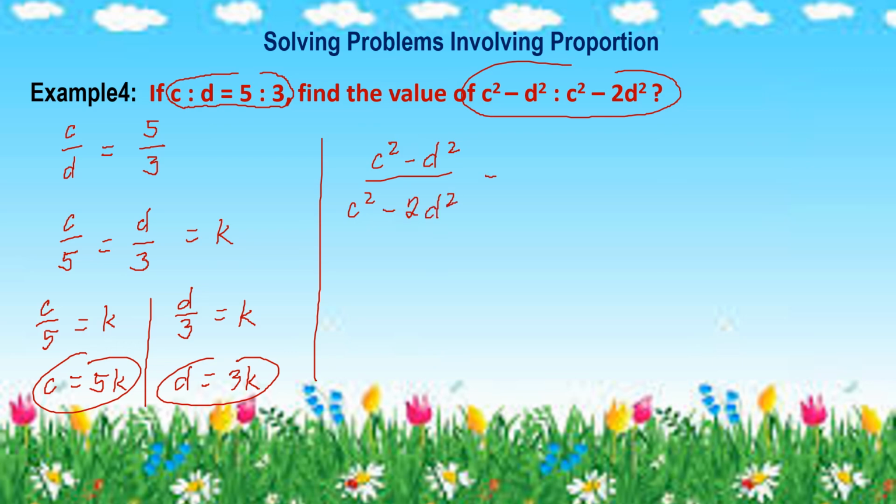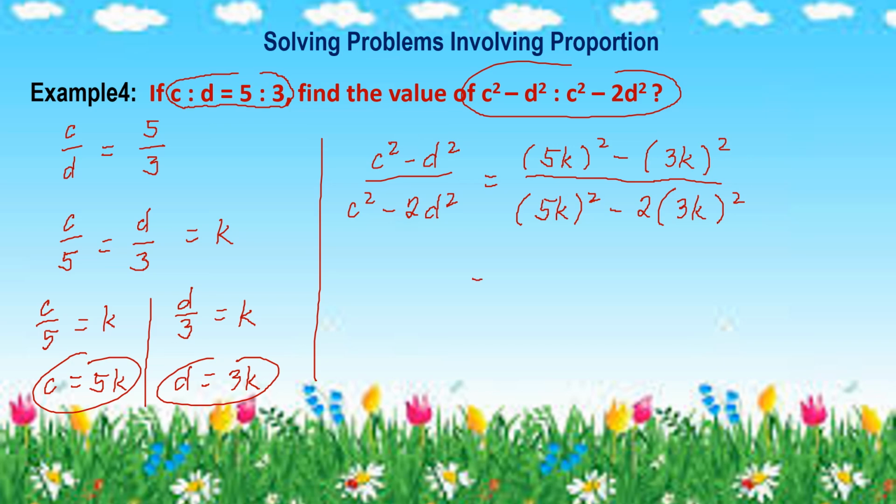Now, in the given proportion or given ratio, c squared minus d squared is to c squared minus 2d squared, we can substitute 5k to c and 3k to d. So c squared, we have 5k squared, and then for d, we have 3k squared over, again, c is 5k raised to the second power minus 2 times d is 3k raised to the second power.